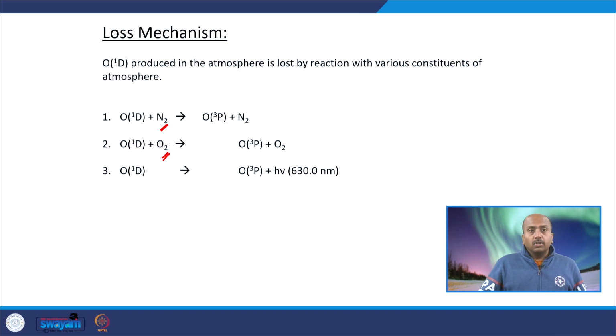So, we have learned about airglow emissions, how they are produced, and two important airglow emissions emitted by oxygen in particular, 557.7 nanometers and 630 nanometers, and their usefulness in probing the upper atmosphere in a remote way.